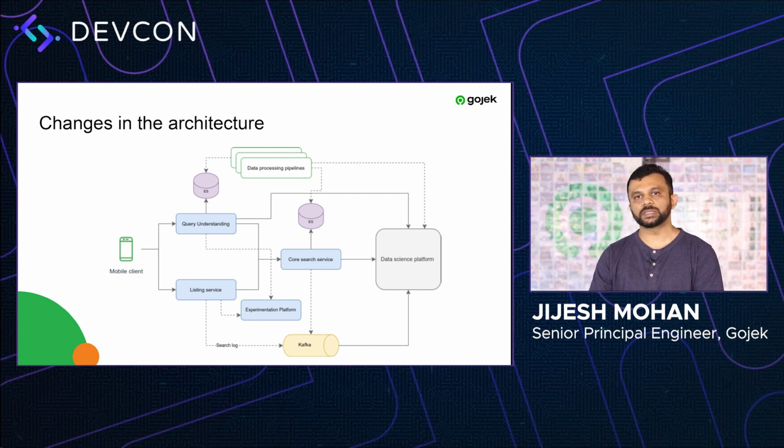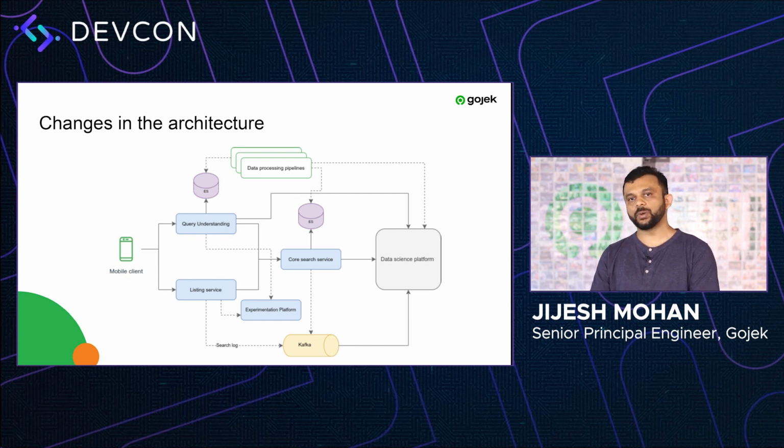The core search is responsible for the core Elasticsearch queries and also the ranking of the result. We have used gRPC for communicating between core search and the query understanding and listing service. All these services are also integrated with the experimentation platform.